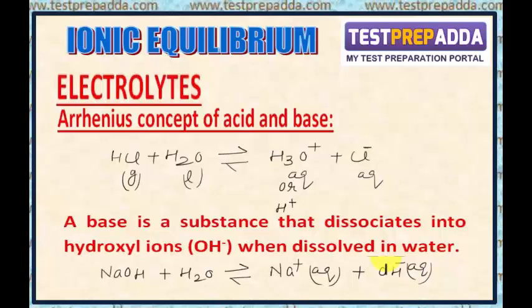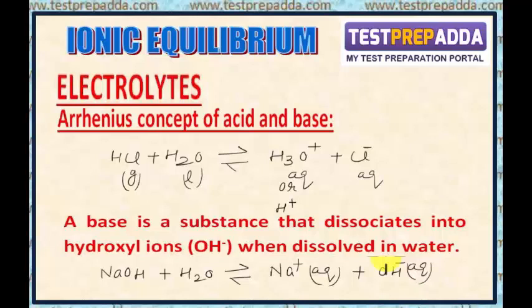Now please keep in mind, on the basis of the above concept, we can say acid or base, these are relative terms. HCl is an acid here with respect to H2O. NaOH is a base here with respect to H2O. So acid and base are relative terms.